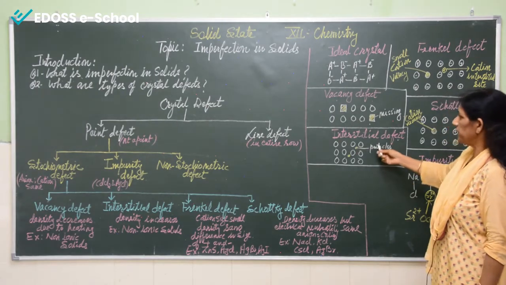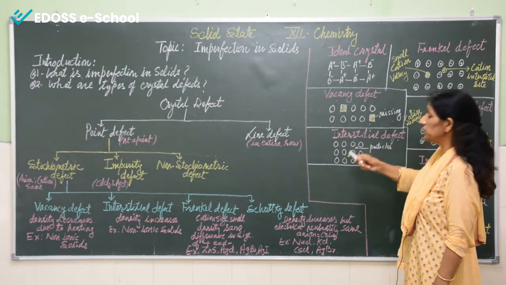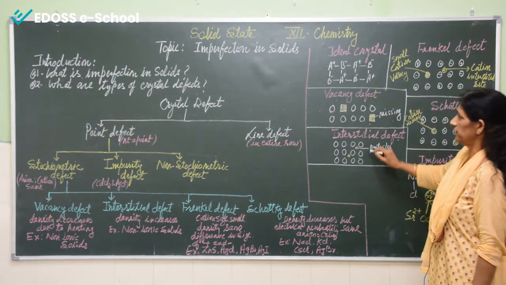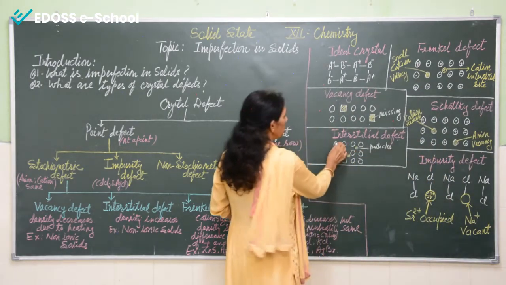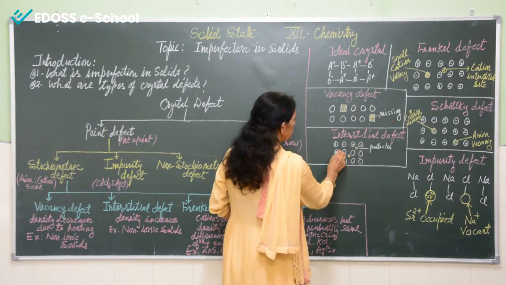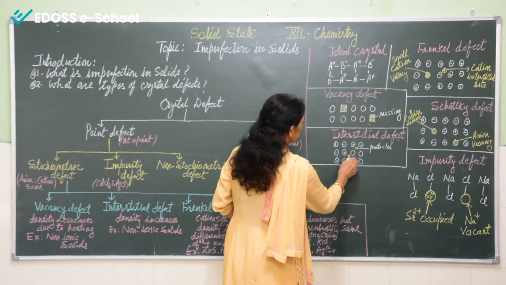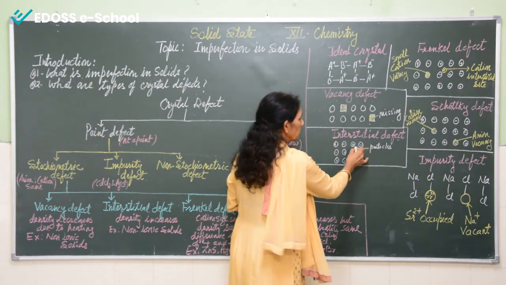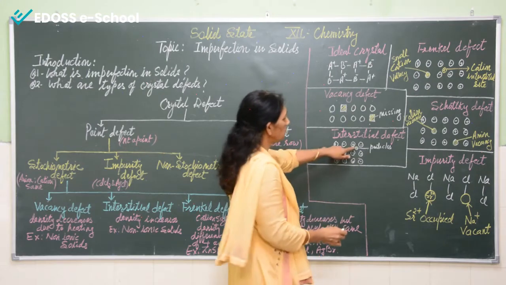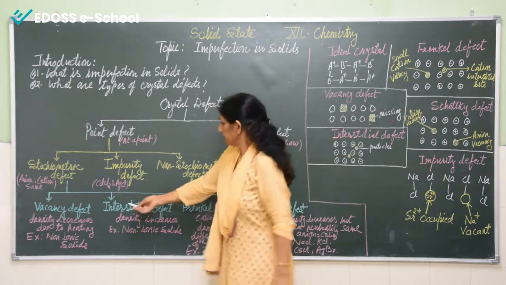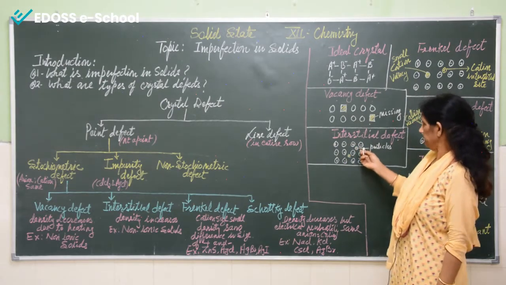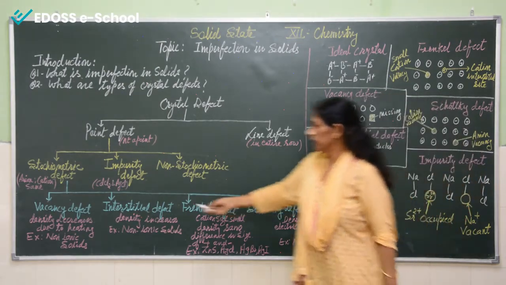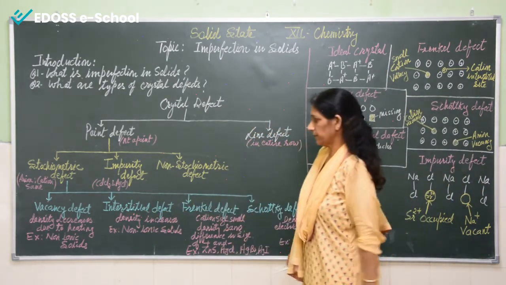Extra constituent particles are occupying interstitial sites. Here particles are already present, cations and anions, but some constituent particles are also occupying interstitial sites. If cations or anions occupy interstitial sites, the density of that crystal will increase.